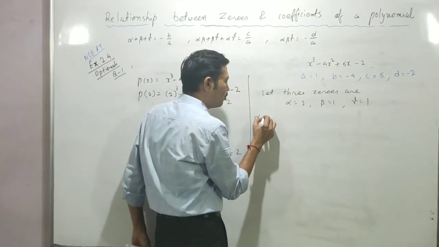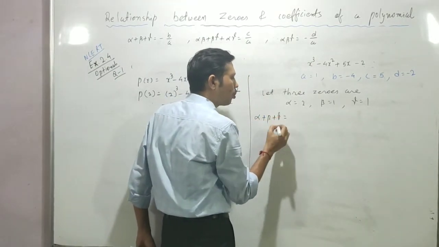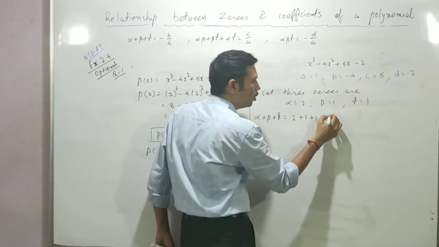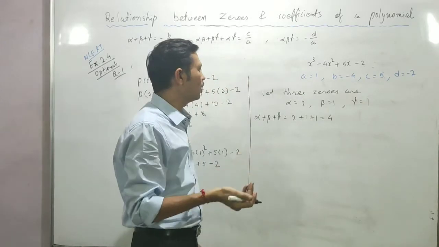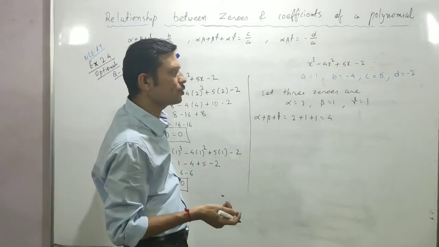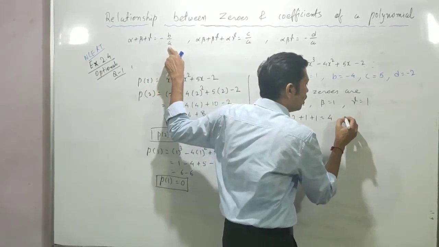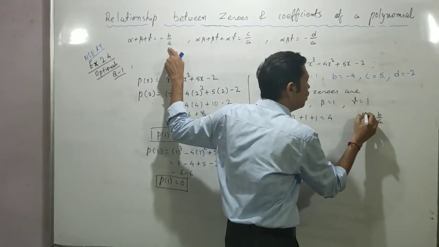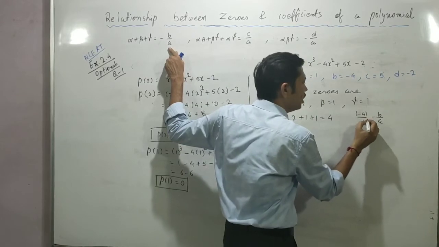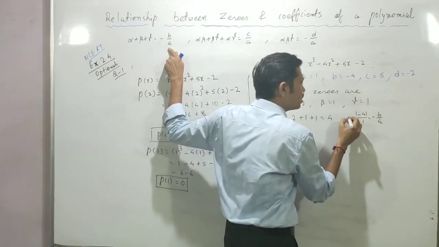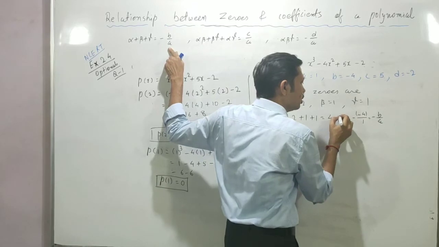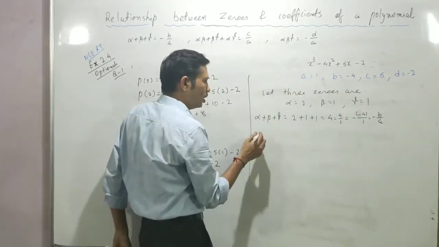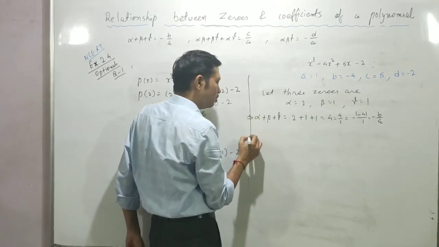Now alpha plus beta plus gamma is 2 plus 1 plus 1, so it's 4. Now alpha plus beta plus gamma should be equal to minus b by a. The value of b is minus 4 and a is 1. Minus and minus make plus, so it's 4 by 1. So you can see the first relation is verified.